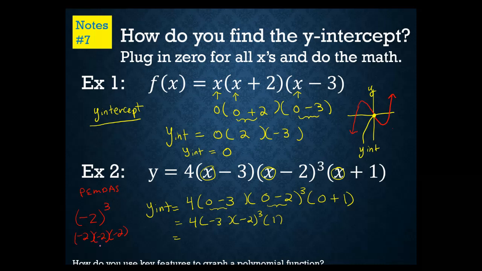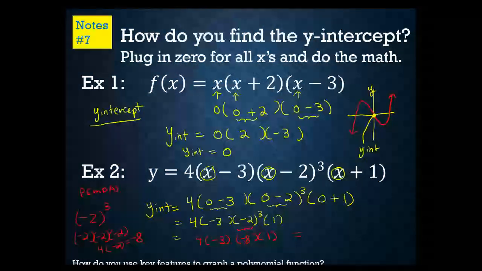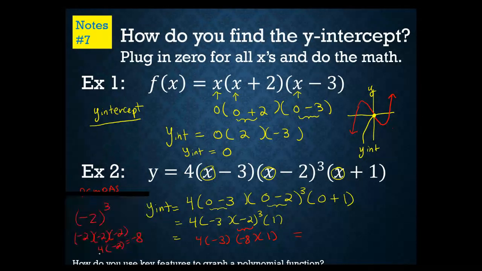Negative 2 times negative 2 is a positive 4. Times the back negative 2 would be negative 8. So right here in that parentheses, it's worth negative 8. I'm just going to bring everything else down and figure out what that equals. You could also run that on a calculator. Just make sure that you have the exponent of 3. Okay?